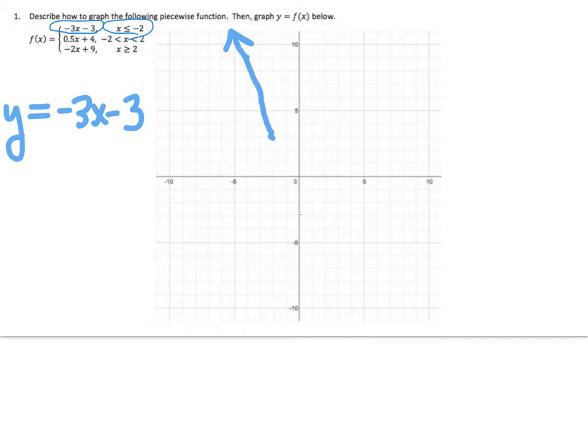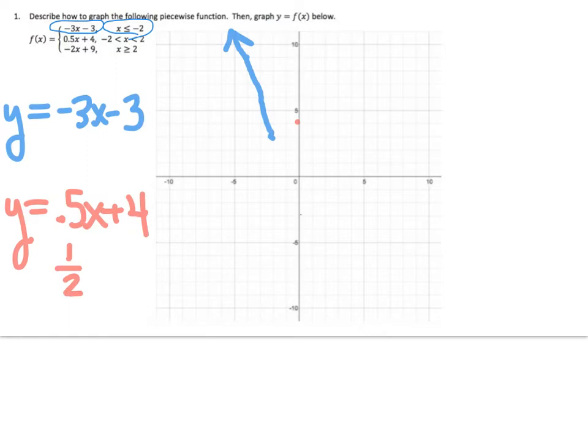Next, I can graph y equals 0.5x plus 4 for the domain of negative 2 to 2. So this crosses the y-axis at 4. And my slope is 0.5, which is 1/2.